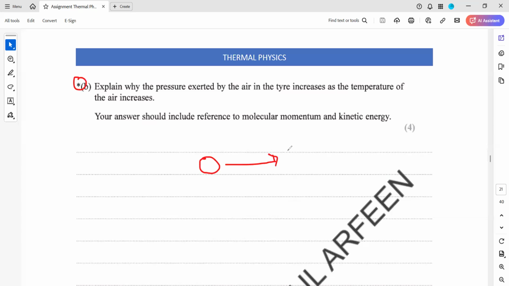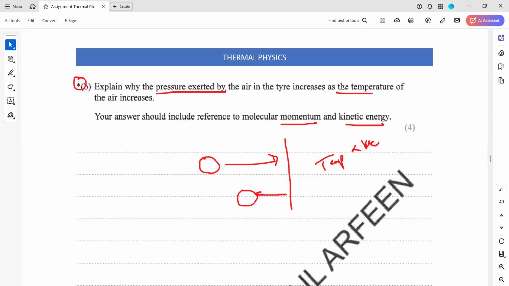First, the particles of the gas are moving randomly, and the temperature of a gas is directly proportional to kinetic energy or speed. We want to relate the kinetic energy and the momentum, as I mentioned, to why the pressure increases as the temperature of air increases.